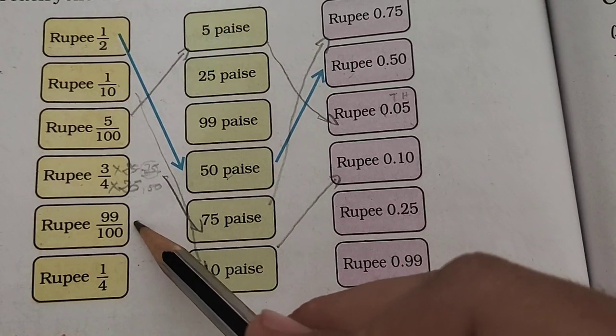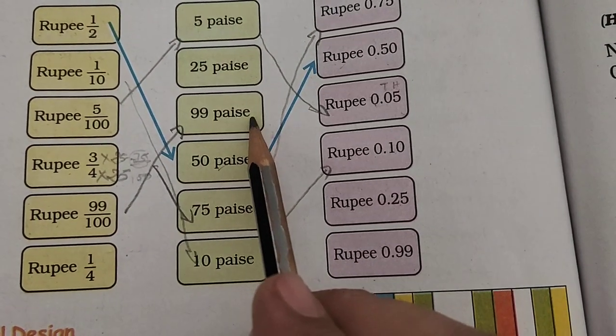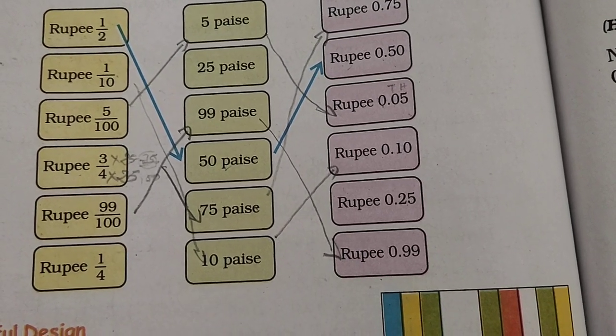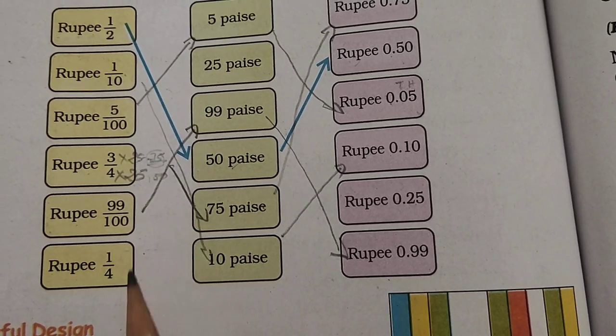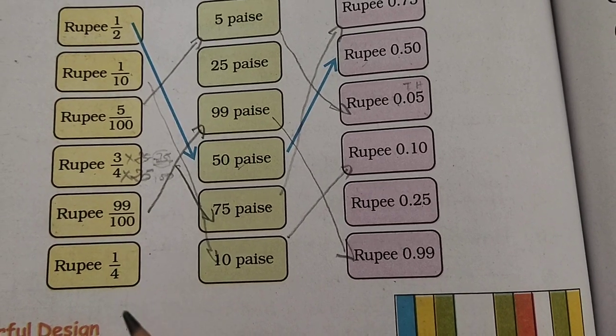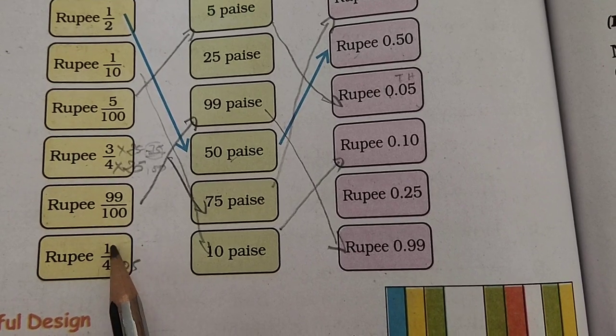Okay. Next is 99 upon 100, which means 99 paisa. Simple. Out of 100, how many paisa? So 99 paisa. 99 paisa in rupees will be 0.99 rupees. Got it? 1/4. What is 1/4? Again, if you are confused, in the denominator we are supposed to get 100. So 4 multiplied by 25. Above also 25.